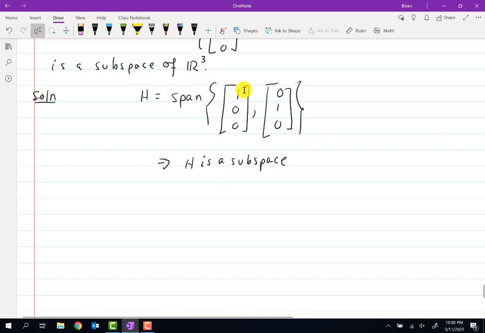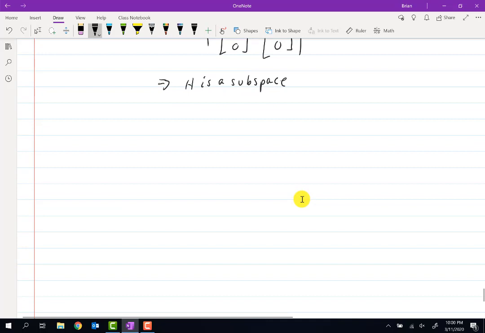This is along the x-axis, and this is along the y-axis. Since the third coordinate is 0, the first vector only goes up to 1, like this. And then the next vector is like this, and it ends at 1 for y.